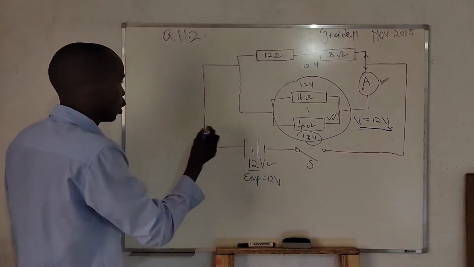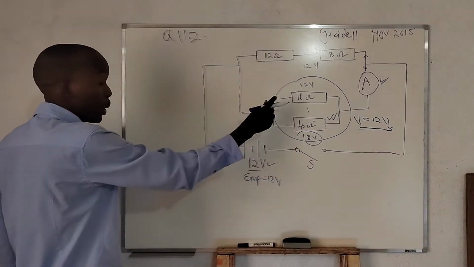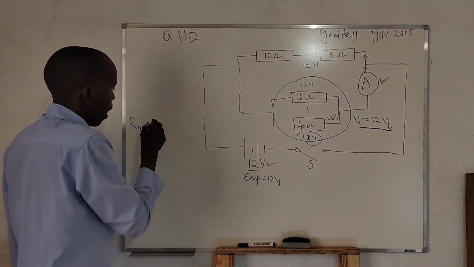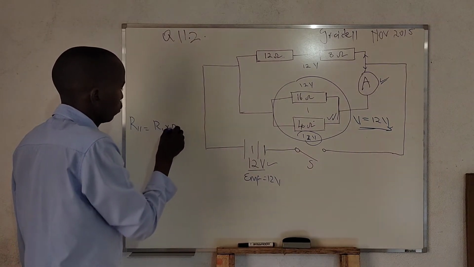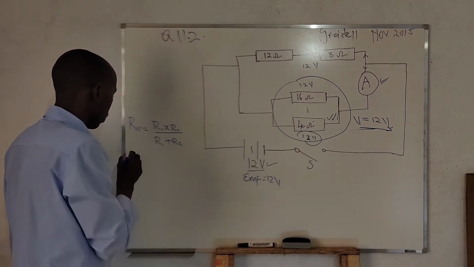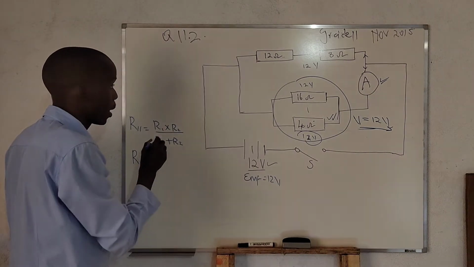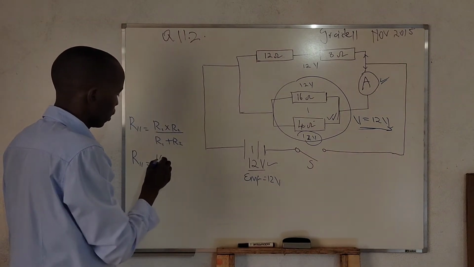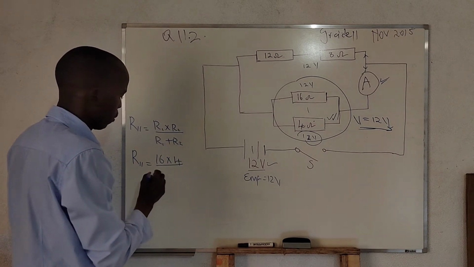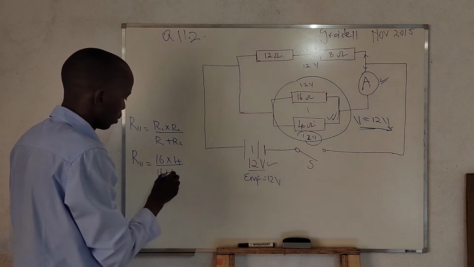Since they are in parallel and there are just two, the resistance of the parallel section is given by R1 times R2 over R1 plus R2. So R parallel is 16 times 4 over 16 plus 4.